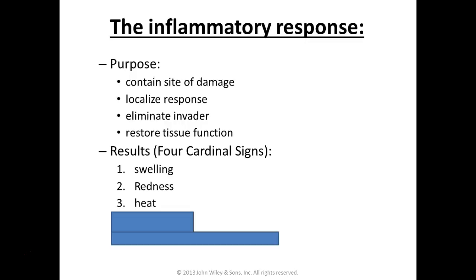It's heat, right? Because guess what? Your blood is hot. Because you're hot. The last that your book doesn't talk about is pain, right? Those are usually the 4 widely accepted cardinal signs that you see or feel with inflammation.